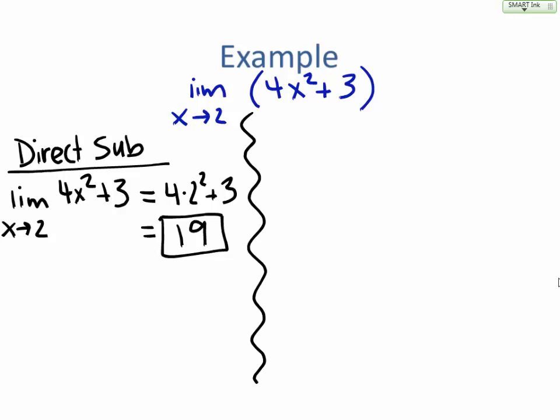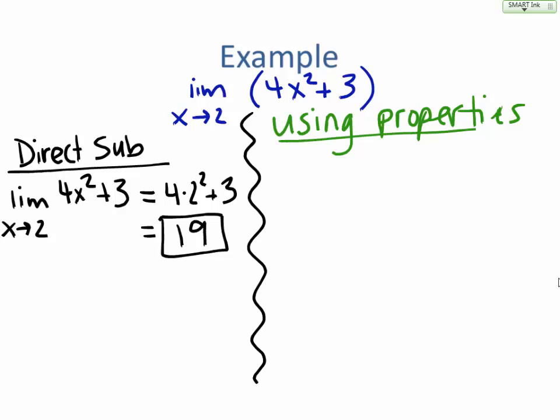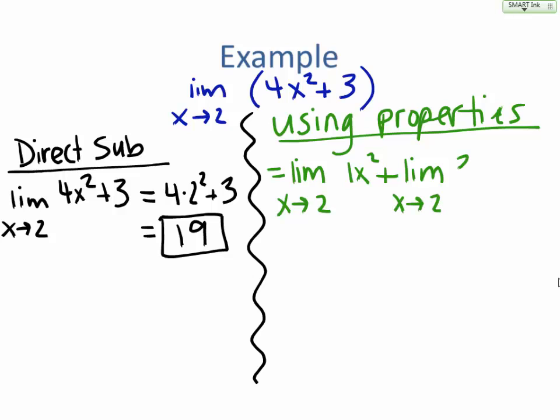If I'm evaluating the limit as x approaches 2 of 4x squared plus 3, I could rewrite this using properties and say that this is equal to the limit as x approaches 2 of 4x squared plus the limit as x approaches 2 of 3. All I did here was break this up and use the sum property.